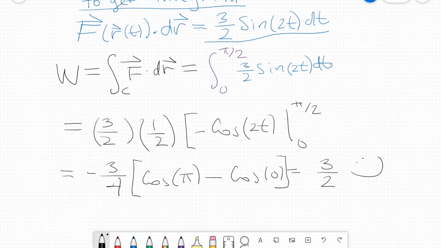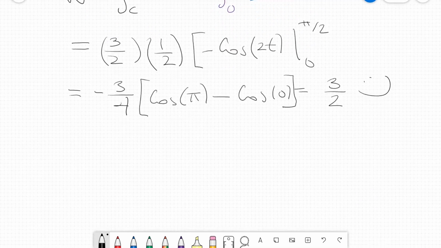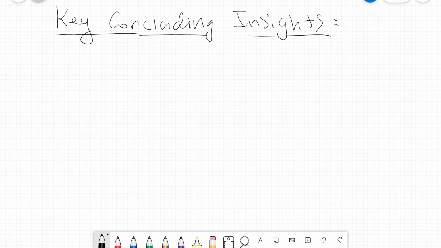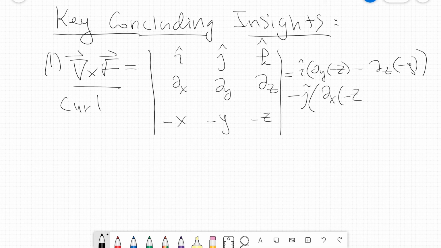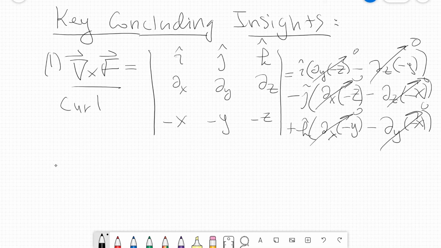Let's conclude with some key insights into this problem. One is that the curl of our vector field, hence the curl, is identically 0.